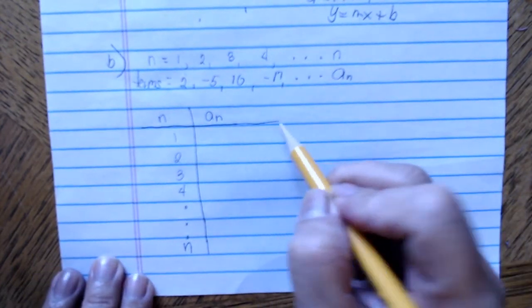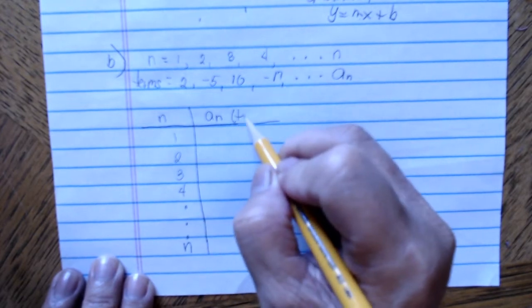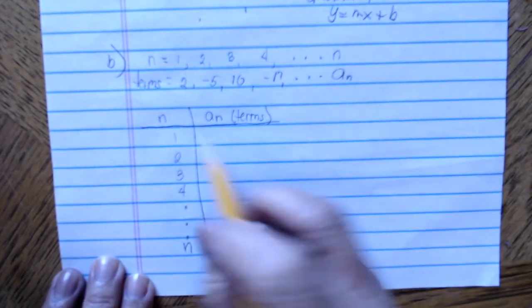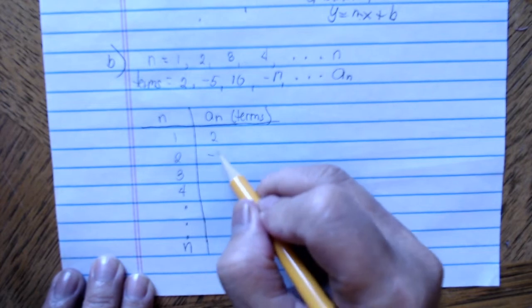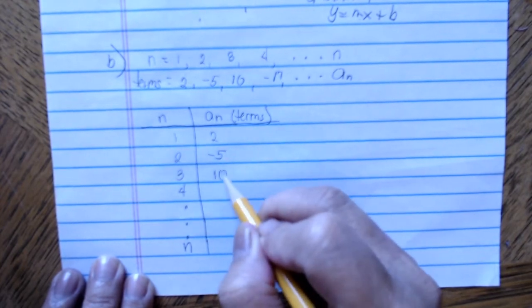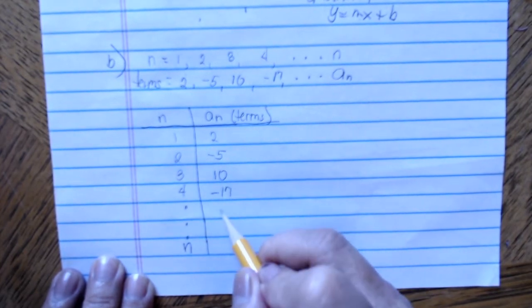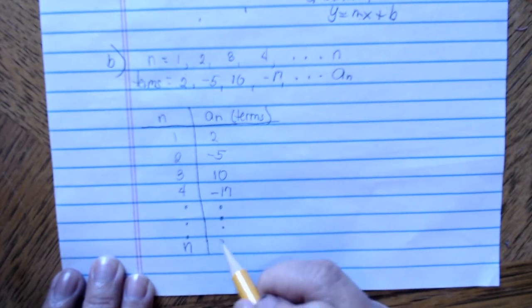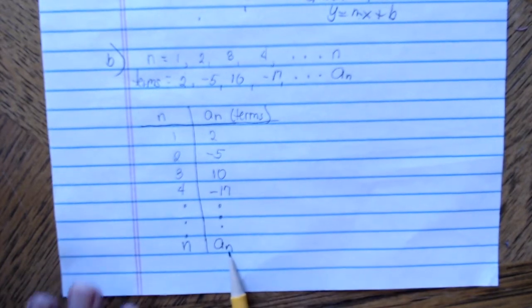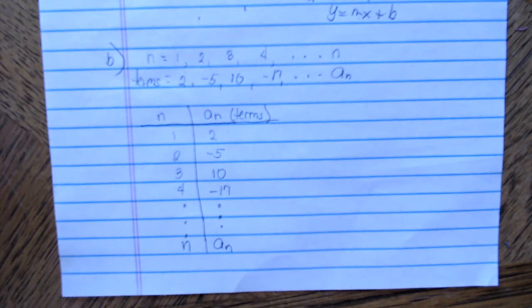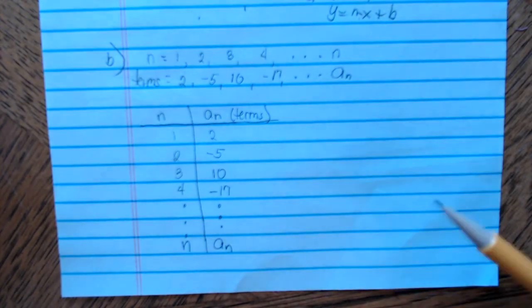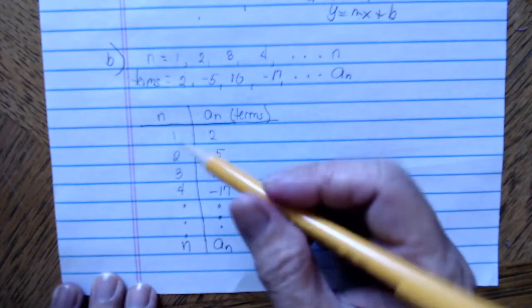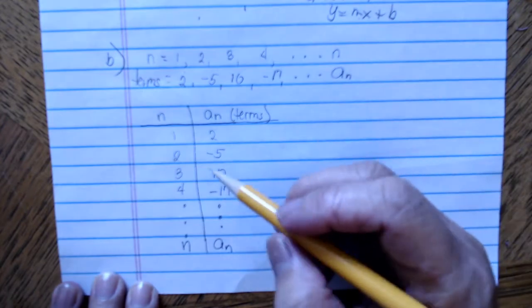And then these are our terms. A sub n is our term. So I have 2, -5, 10, -17, and on and on until I reach the a sub n that I like. Now if you notice, right away the sign alternates.